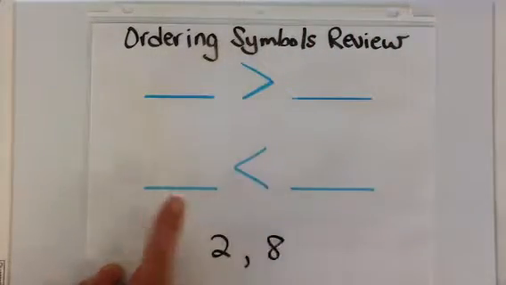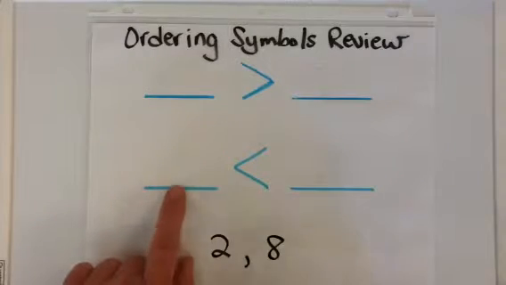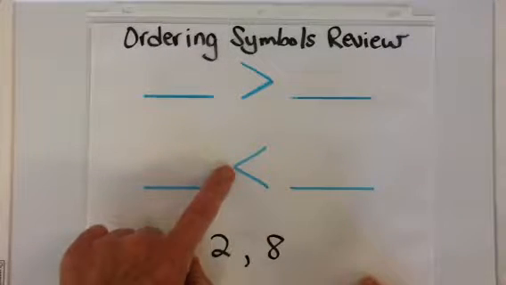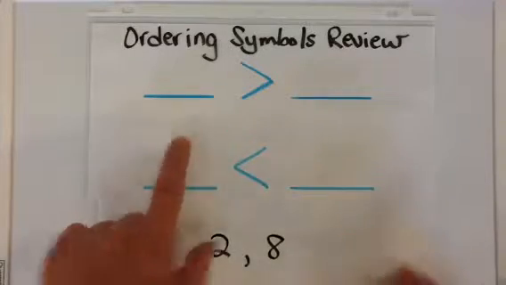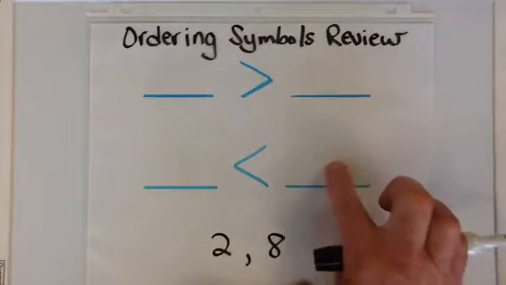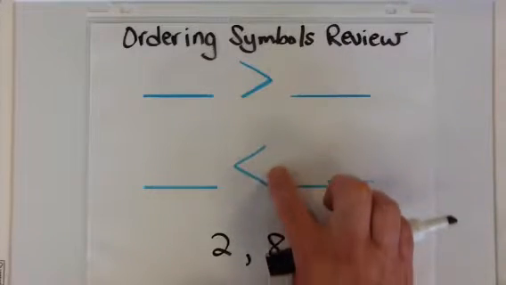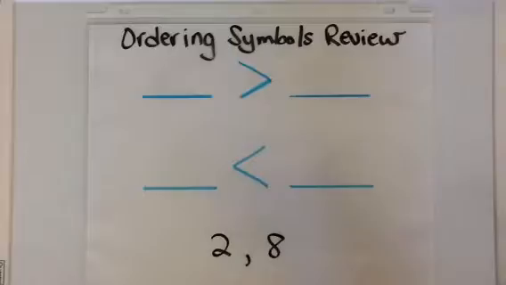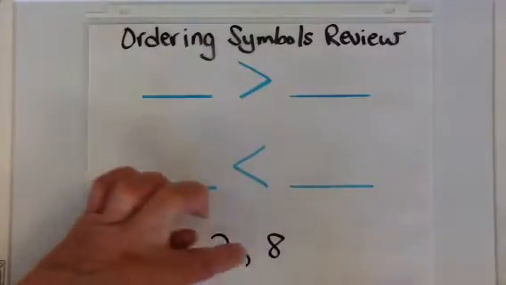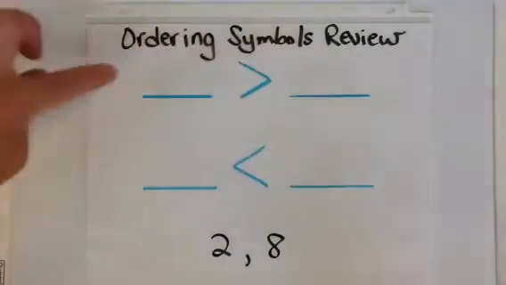Same thing down here. The number that goes here is going to be next to the little pointy end, so that's going to be the smaller number. And the number that's over here, which is next to the wide end of the symbol, is going to be the larger number.